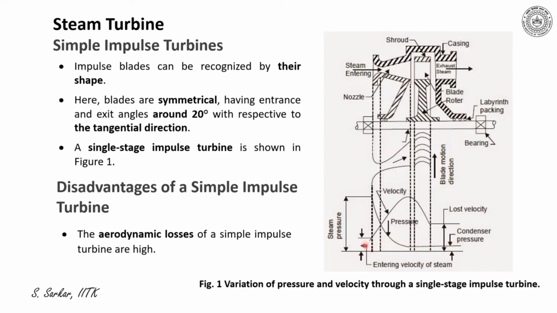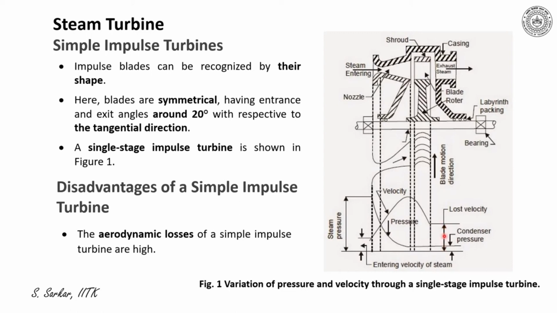And if we consider the absolute velocity, it will increase in the nozzle section, and then it will decrease in the rotating blade. And this is the exit velocity or the exhaust velocity.